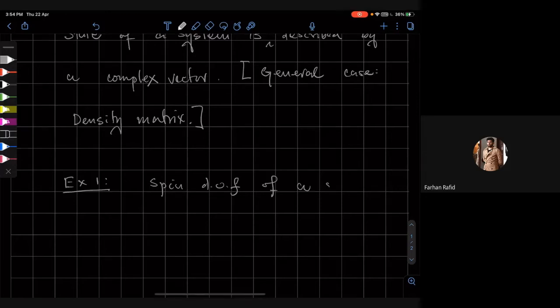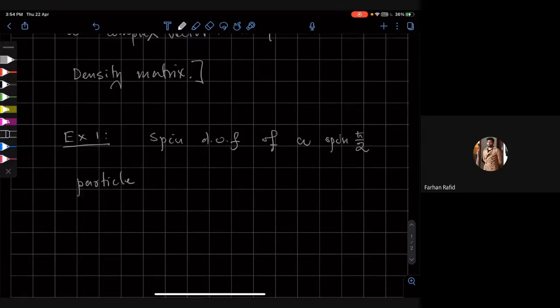So it's a fact of nature that quantum particles come with quantized angular momentum, which are quantized in units of h bar by 2. So an example of a spin half particle is an electron. And so the vector describing the spin half particle will be a 2-component vector.